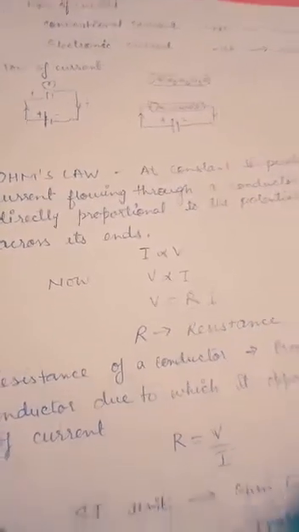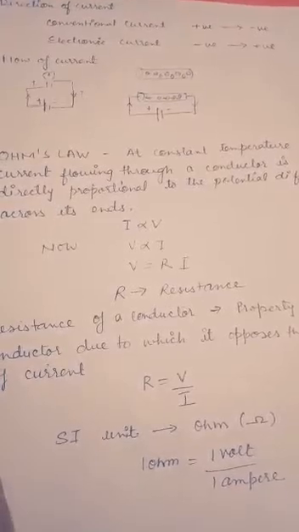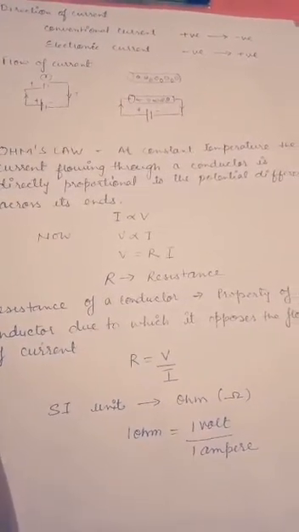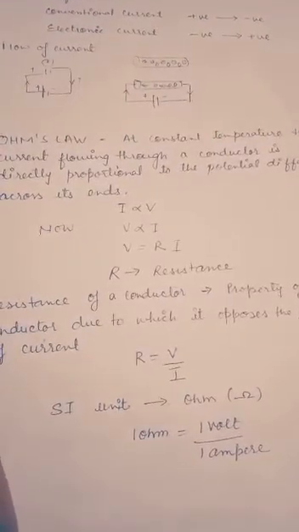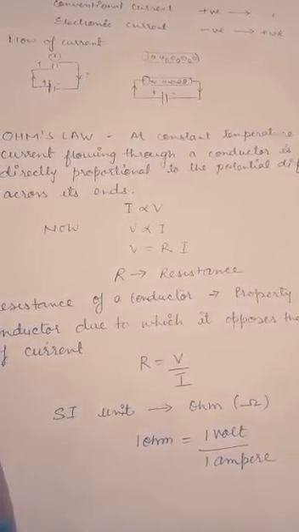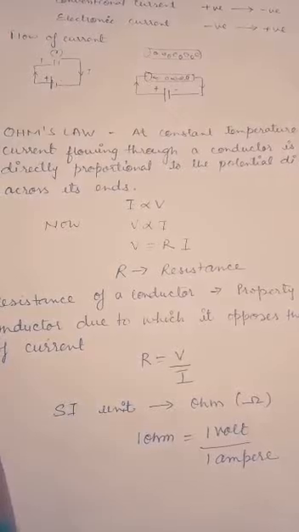Now coming to Ohm's law. At constant temperature, the current flowing through a conductor is directly proportional to the potential difference across its ends. Means if you maintain the temperature, then in any electric circuit, the current flowing will be directly proportional to its potential difference.